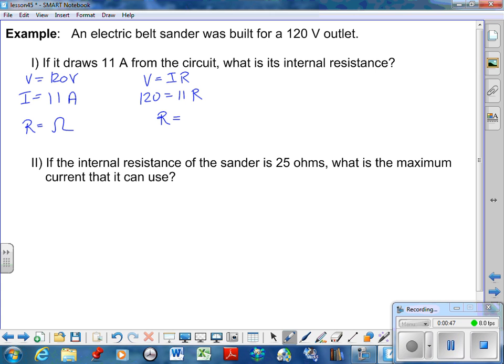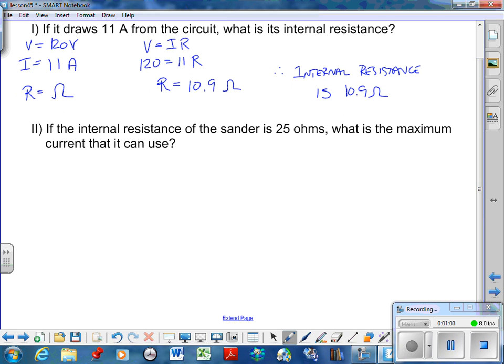And we get 10.9 ohms. So therefore, internal resistance is 10.9 ohms.